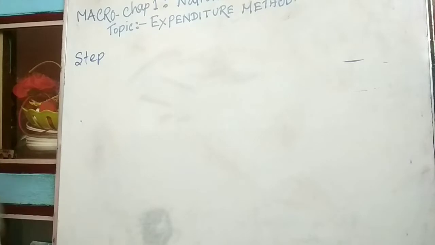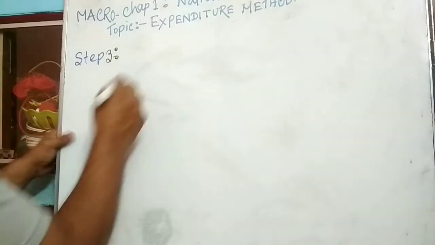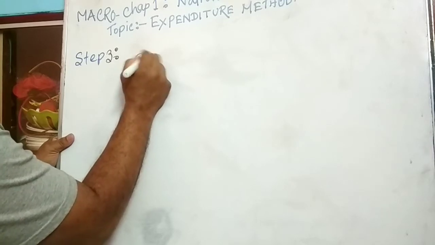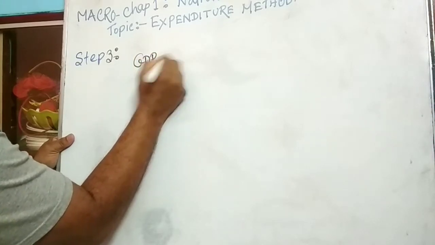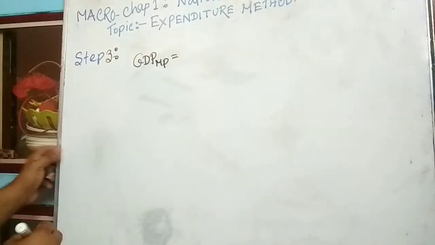Step 3. In step 3, national income is calculated in various steps, not directly like the income method. In the income method we directly calculated national income, but here not directly. We have to first find GDP market price, by adding all the 4 final expenditures.